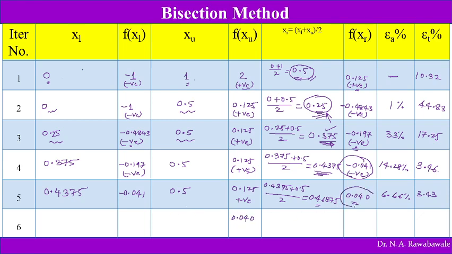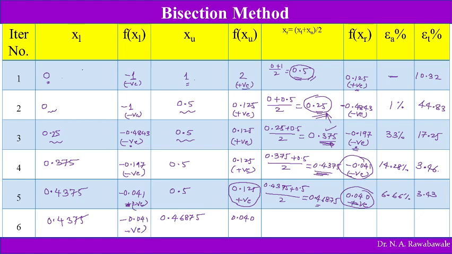This positive value is going to replace the old positive, and this approximation now we take as 0.46875, carried forward as it is. The 0.4375 is negative, minus 0.041.